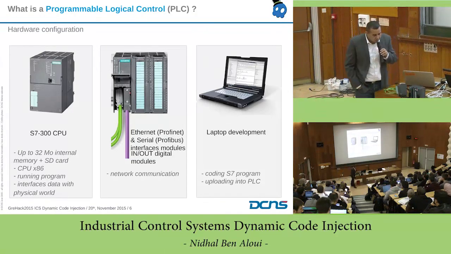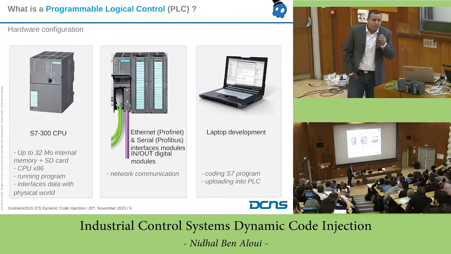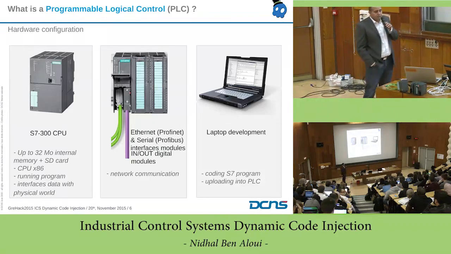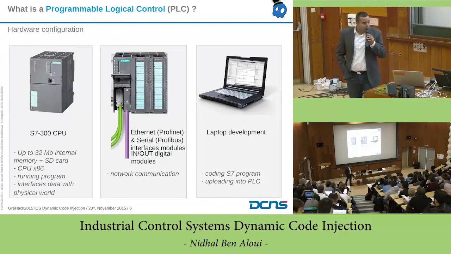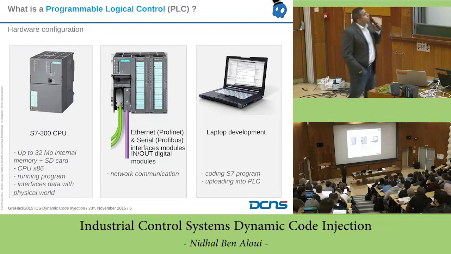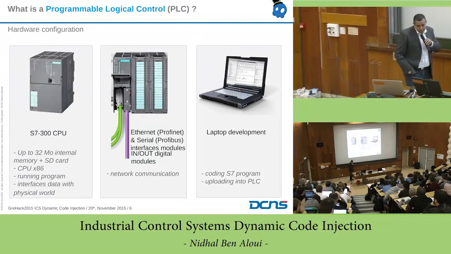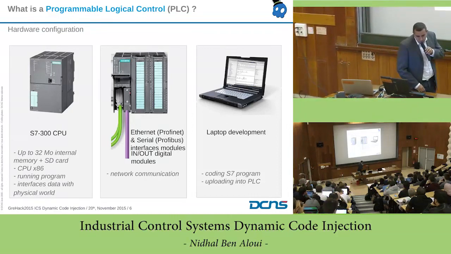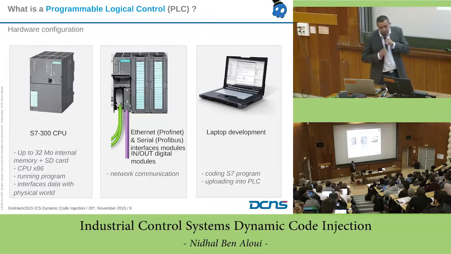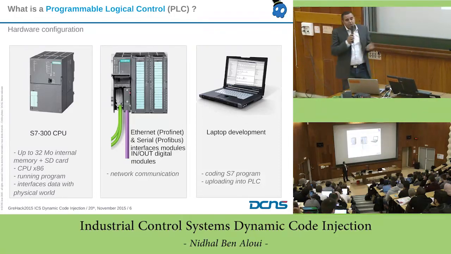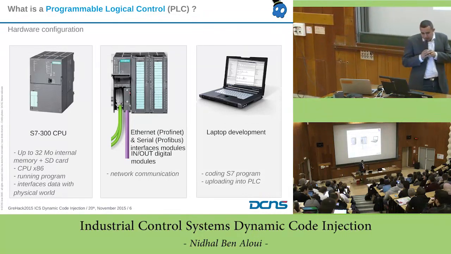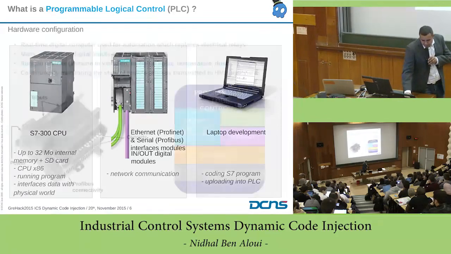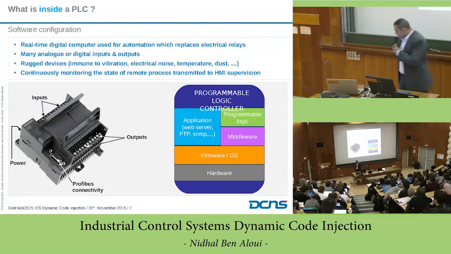It's a serial channel communication, and we also use specific Siemens parameters to communicate between the laptop and the CPU. So we can say easily that this CPU is a small computer, like an Arduino, in which we inject the program and we communicate with the actuator.